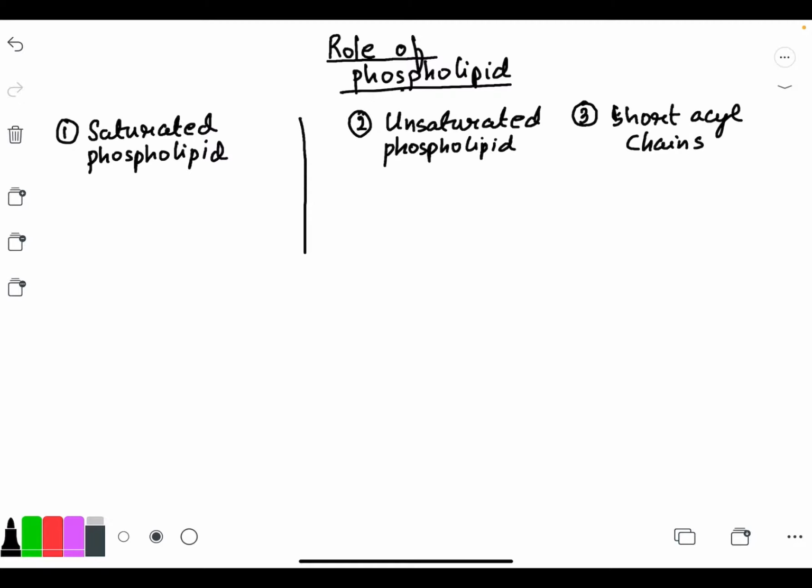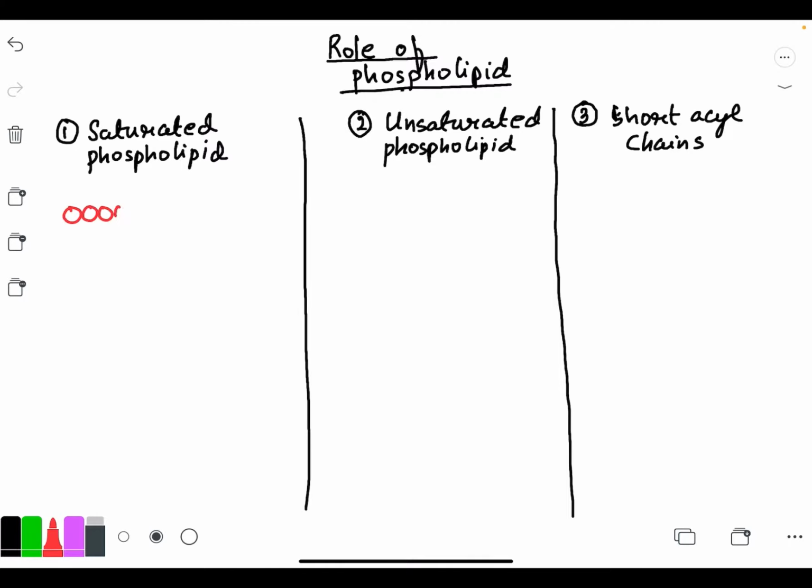Now let us see how they affect the fluidity. See, the saturated phospholipids, if present, will be present very close to each other, right? They will be able to form a tight interaction or tightly interact with each other because the hydrophobic part, the acyl chains of these saturated phospholipids, are straight, right?